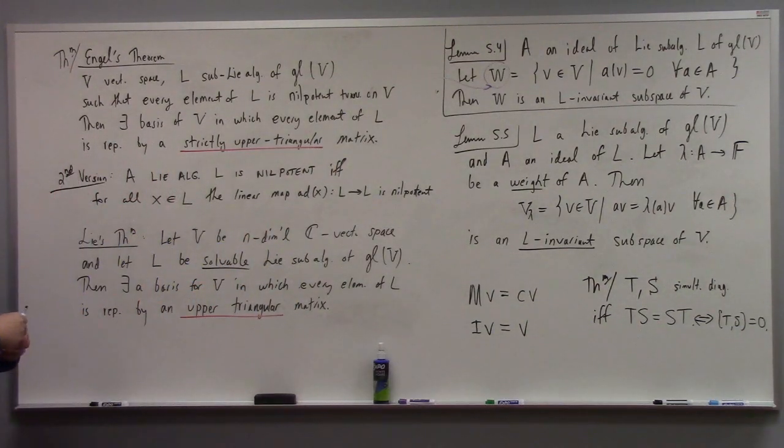So if you want to come up with examples of Lie algebras that are nilpotent, then strictly upper triangular matrices are a good bet. If you want to come up with examples of Lie algebras which are solvable, then upper triangular matrices are your bet. And in some sense, what Engel's theorem and Lie's theorem say is, up to a choice of notation, nilpotent Lie algebras are strictly upper triangular matrices. Up to a choice of notation, solvable Lie algebras are upper triangular matrices.